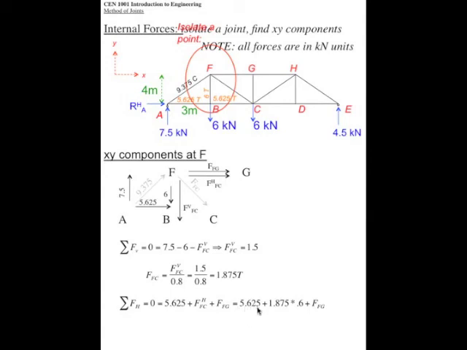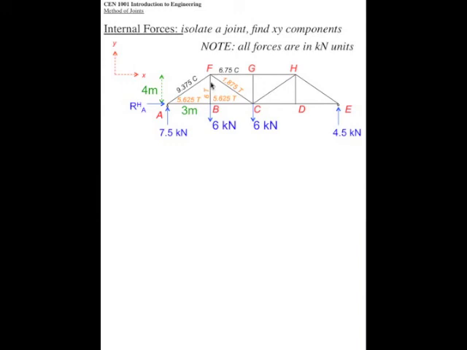So 5.625, the horizontal component of FC is FC, 1.875, times the cosine plus FG. And solve for FG. Well, it comes out negative. We assumed tension, but it comes out negative, so we know our assumption was wrong. So it's 6.75 in compression. Okay, so now we're moving right along here.